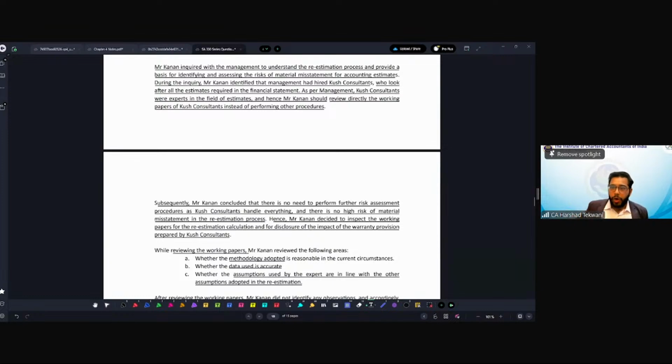You will not get sufficient and appropriate audit evidence by just viewing the report of the calculation. That's why it is necessary to perform risk assessment procedures. Clear? Any doubt?